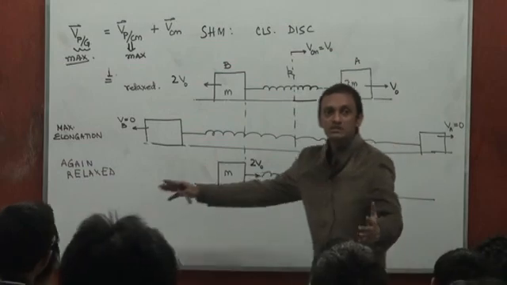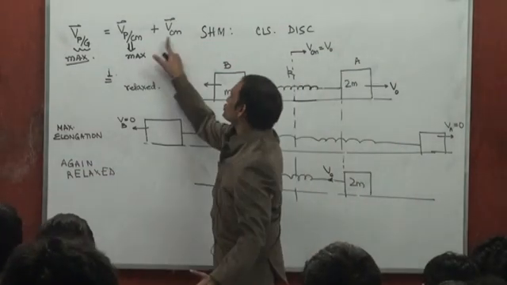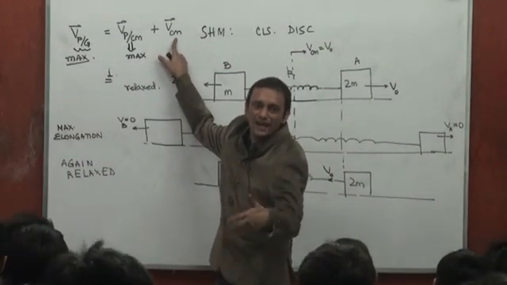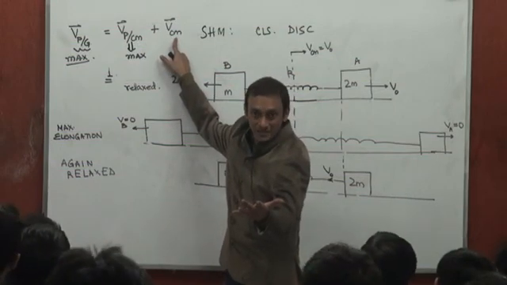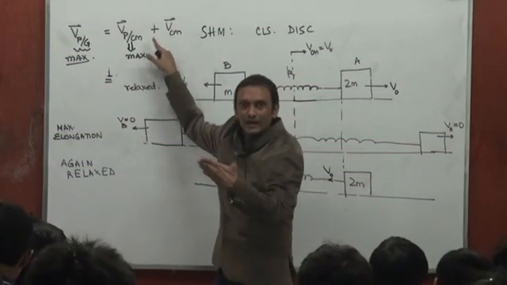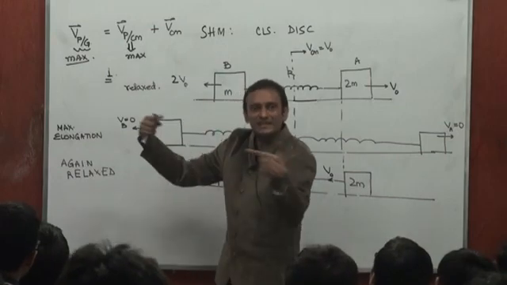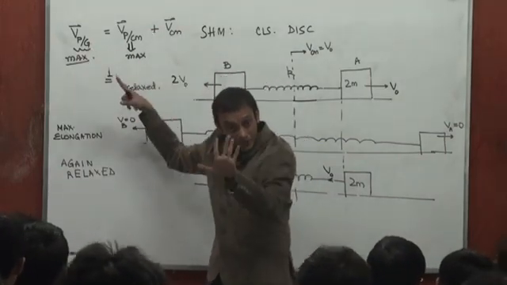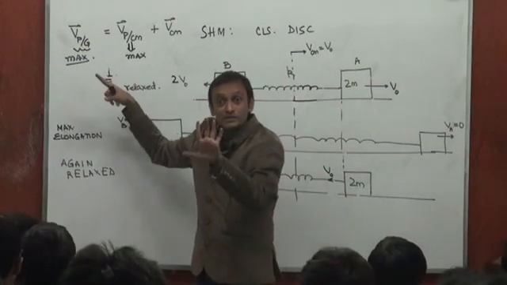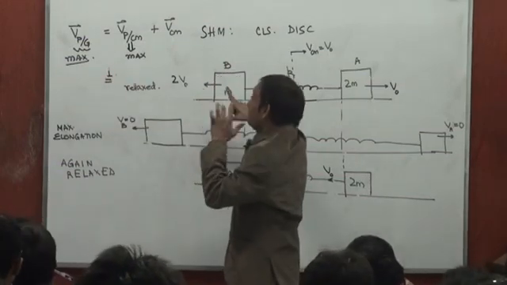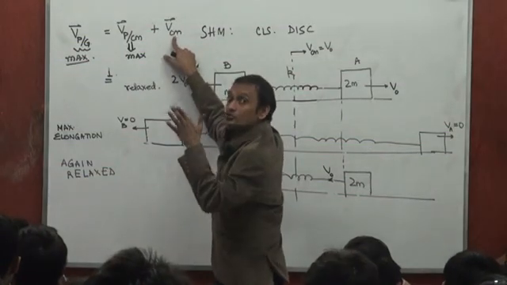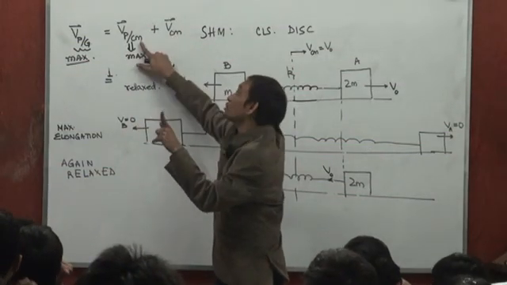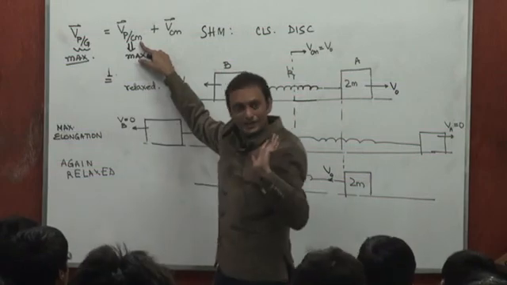What I mean simply is the following. These two vectors must be in the same direction so that they are as large as possible. Isn't it? Both are along the same line. So they must be in the same direction, not oppositely directed, because we want a maximum value of this. That means if VCM is to the right, then we are looking at an instant when VPCM is also to the right.